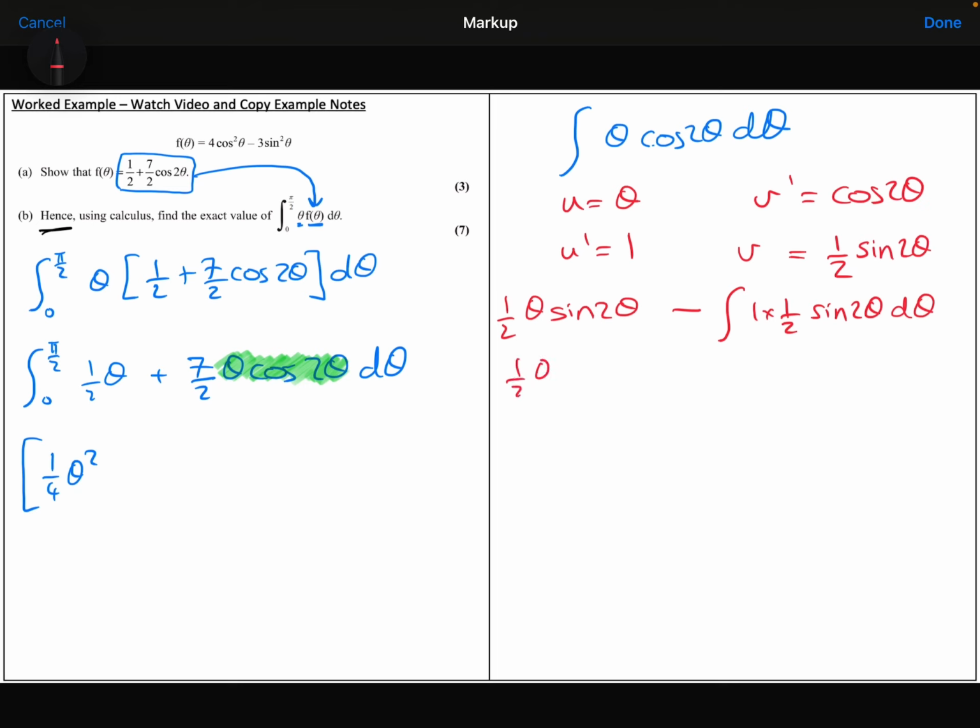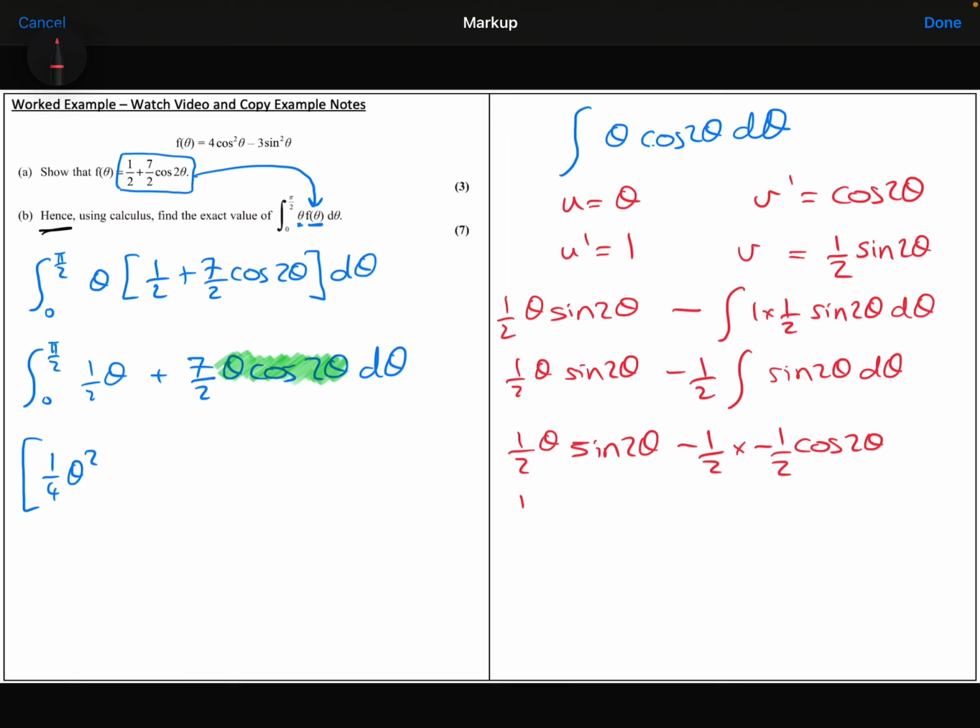Now, just to make my life a little bit easier, I can take that half outside the integral. And now let's finish that integration off, because I know that sine will integrate to be minus cos. And again, I need to remember to divide by 2 because of the reverse chain rule, because of the 2 on the inside of the sine.